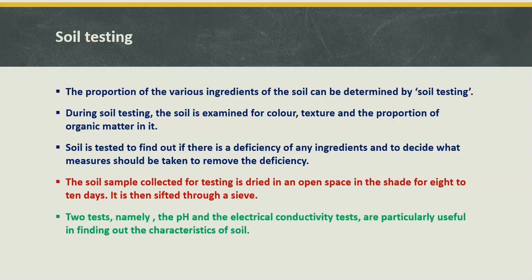Two tests, namely the pH and the electrical conductivity tests, are particularly useful in finding out the characteristics of soil. So these two tests are then performed on that sifted soil.